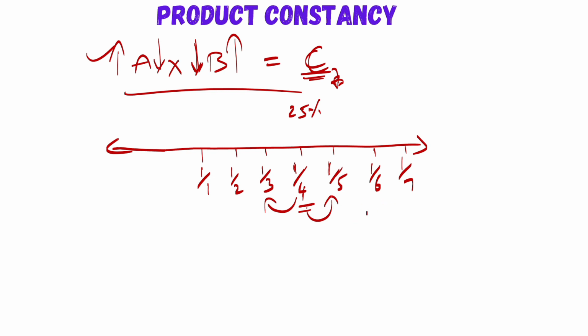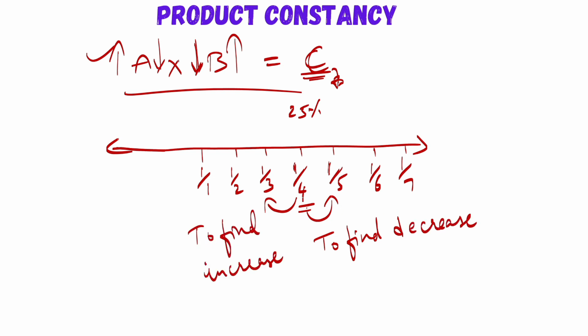So one step forward to find a decrease, and one step backward to find an increase. These are all percentage equivalents: 1 by 4 is 25%, 1 by 3 is 33.33%, 1 by 1 is 100%.